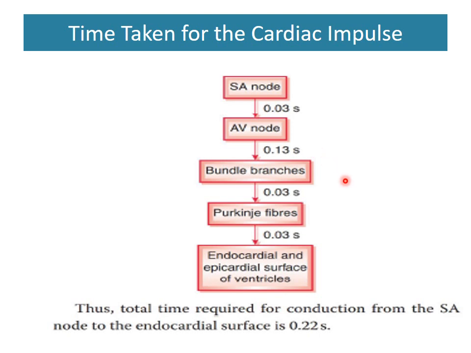Now from the bundle branches to the Purkinje fibers is 0.03 second, and again from the Purkinje fibers to the endocardial and epicardial surfaces of the ventricles is 0.03 second. So the total time required for conduction from the SA node to the endocardial surface is 0.22 second.